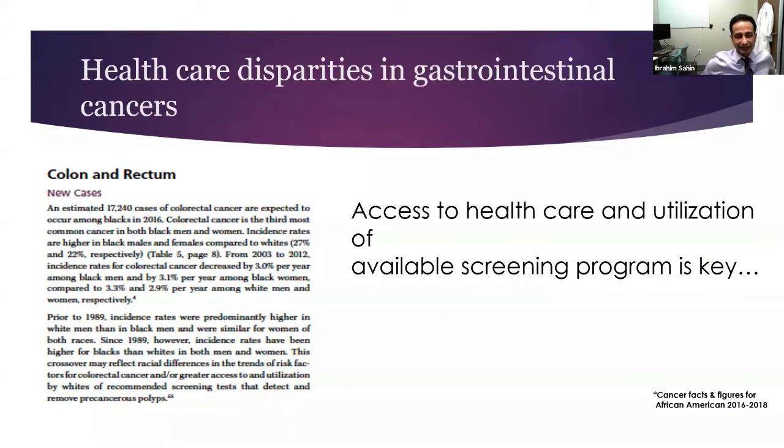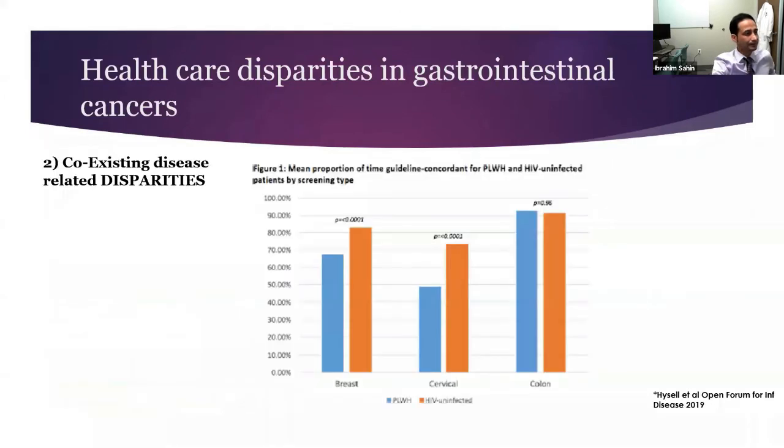And even after that, there is accessing cancer treatment, which I'll come to later on. So the problem is not only a racial problem, it also affects other subgroups of society. For example, having coexisting diseases remains a big challenge in the United States.